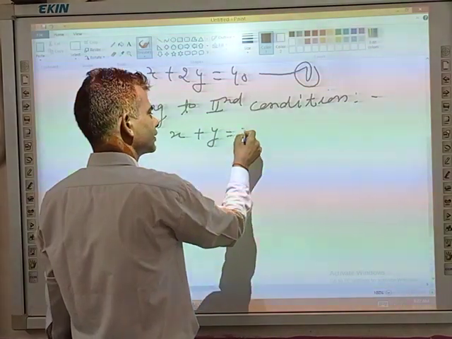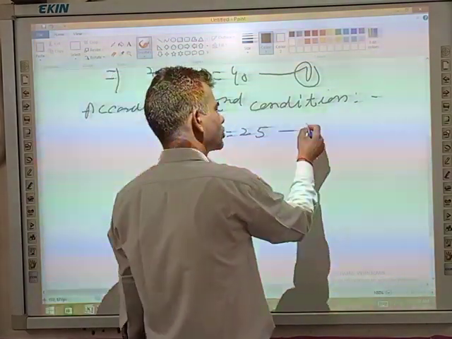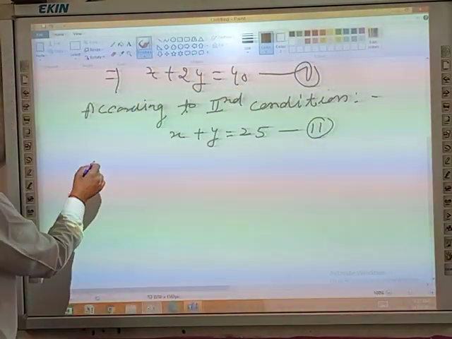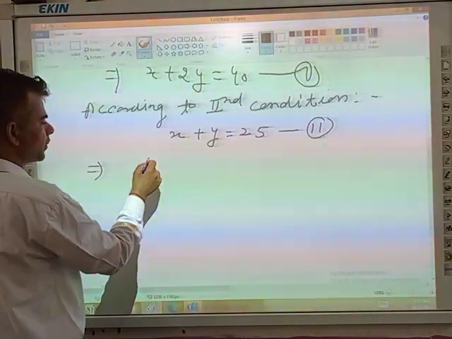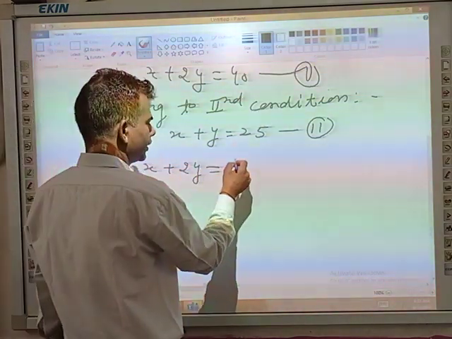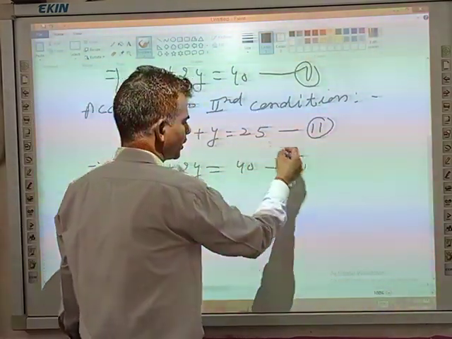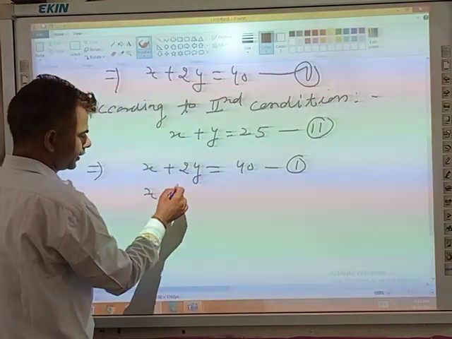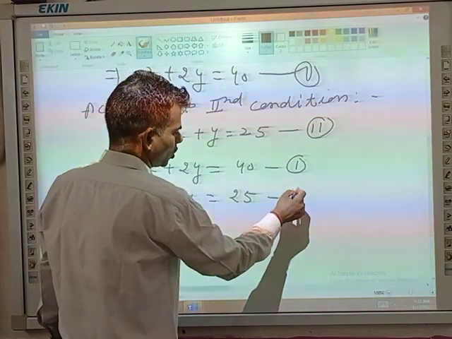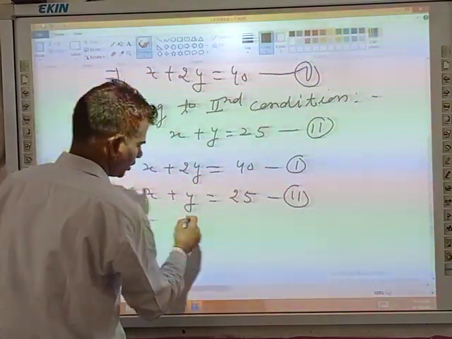Very good student. That is your second equation. Now student, we solve these two equations. x plus 2y is equal to 40 is your first equation, and x plus y is equal to 25 is your second equation.